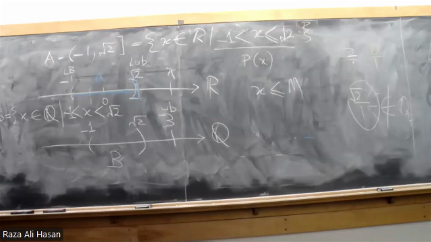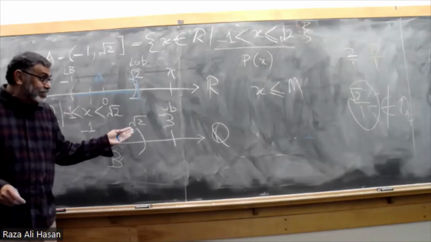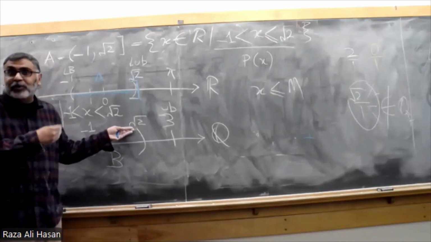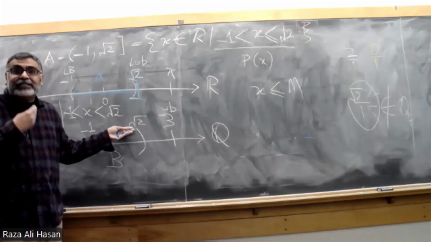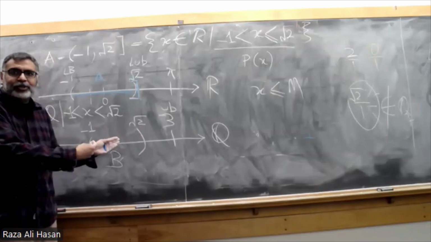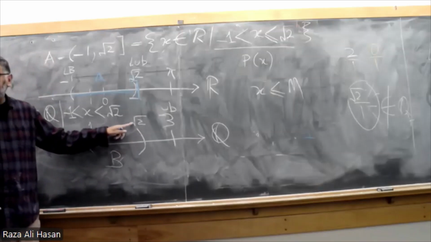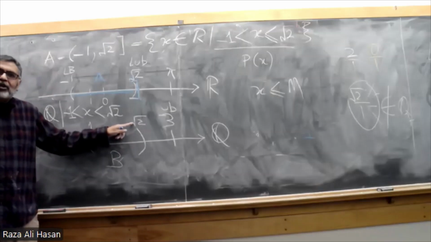That is the only thing. If you pretended it was an upper bound, it is the smallest one. It is the least upper bound because it's the leftmost. There is no number in B that is bigger than square root of 2. So it fulfills the definition. The problem is it is not a rational number.